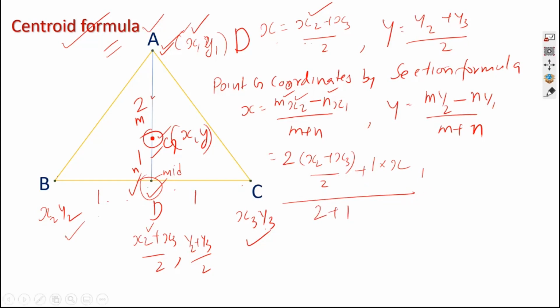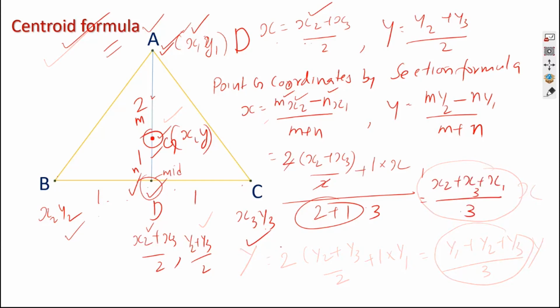Now we know that this is equal to 3. Correct? Here the 2 will get cancelled, and it will be written as x1 plus x2 plus x3 upon 3.